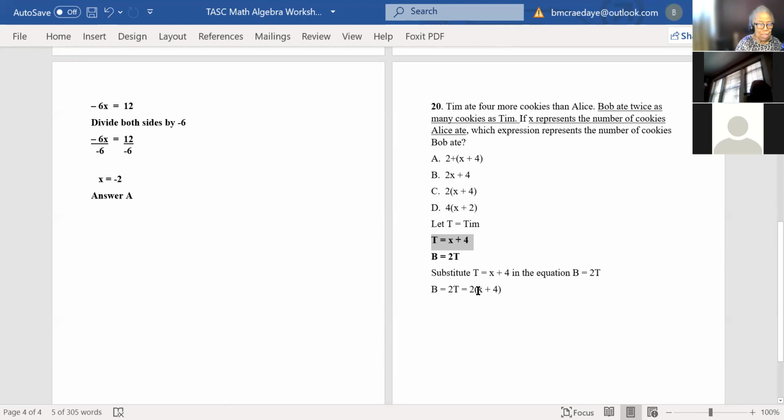So 2T is 2 times the expression X plus 4, right? So what is my answer? You just have to pick out the answer that matches 2 times X plus 4. What's the answer? C.